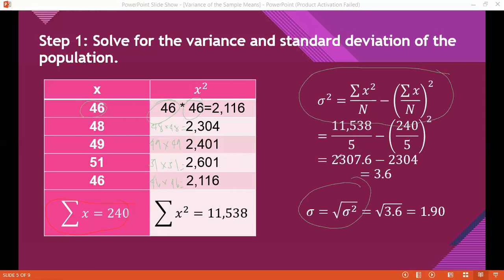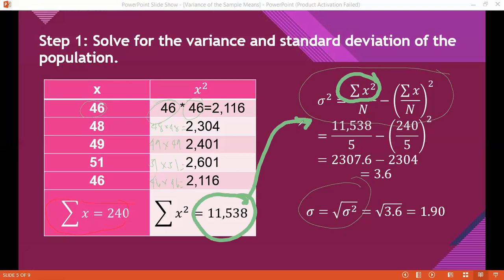Let's start with the variance first. Let us substitute the value of summation of x squared. The summation of x squared is equal to 11,538.